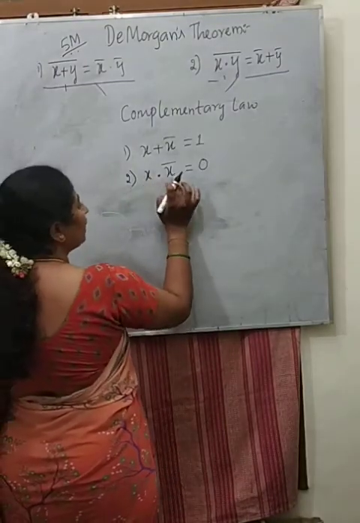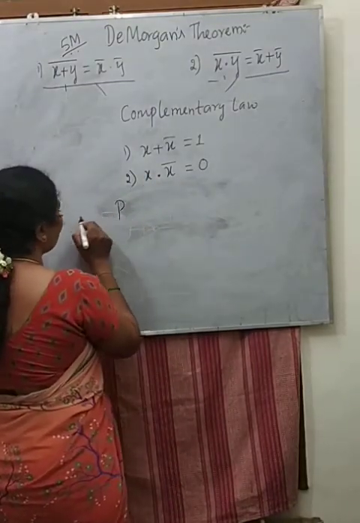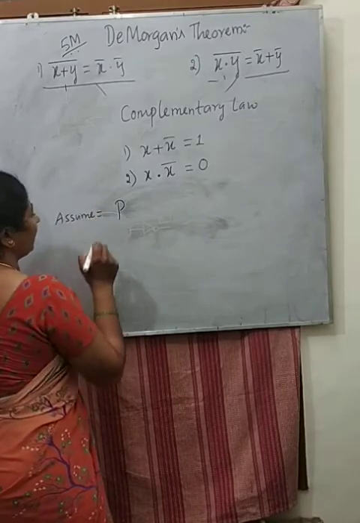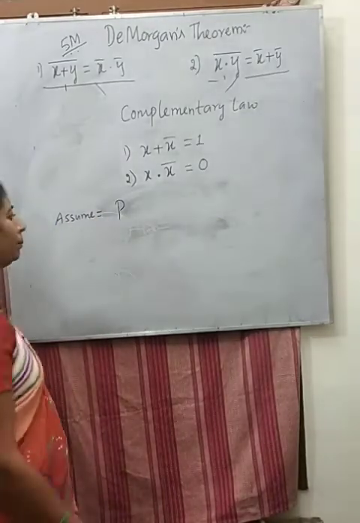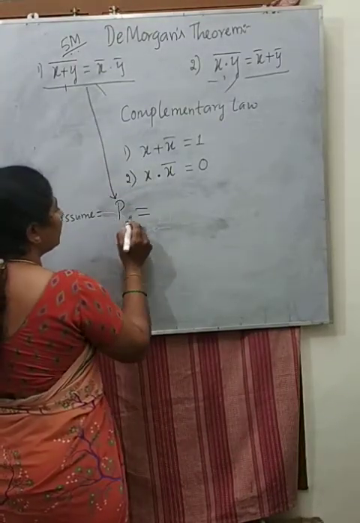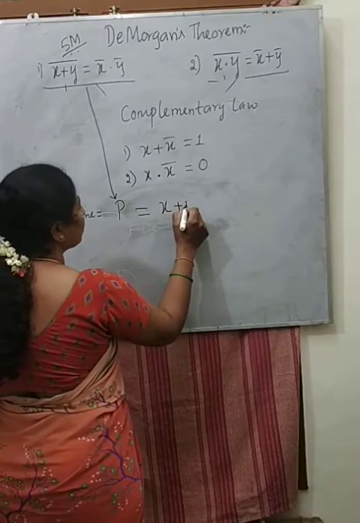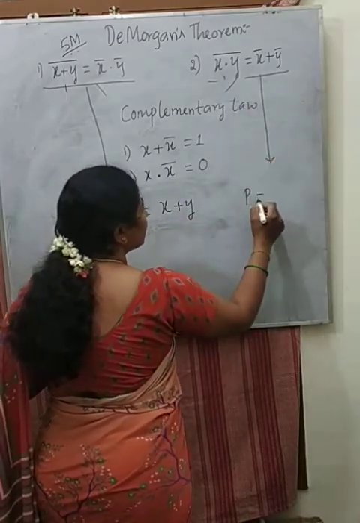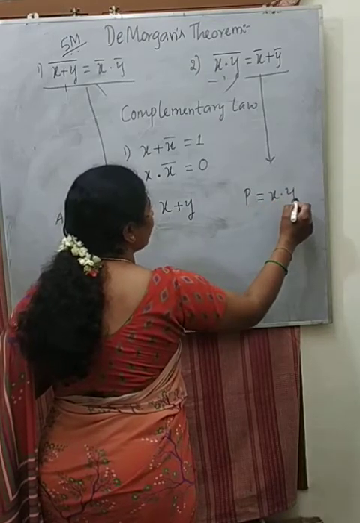Here, instead of x, we are assuming a variable p. For the first theorem, p is x plus y. For the second theorem, p is x into y.